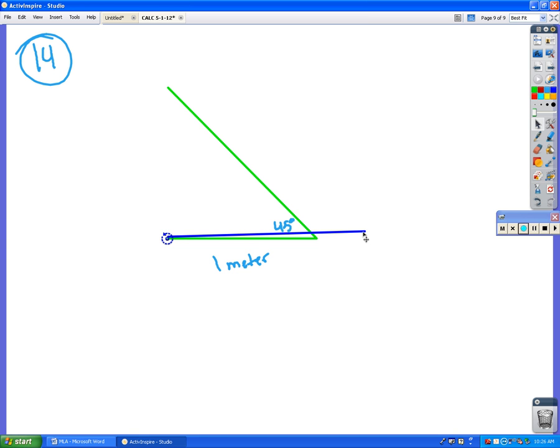And so what they're saying is that this angle in between this one and point P here, which they creatively called theta, is going to change.